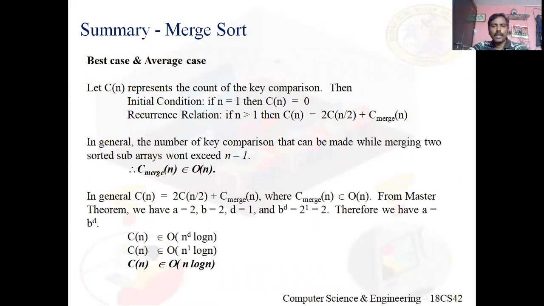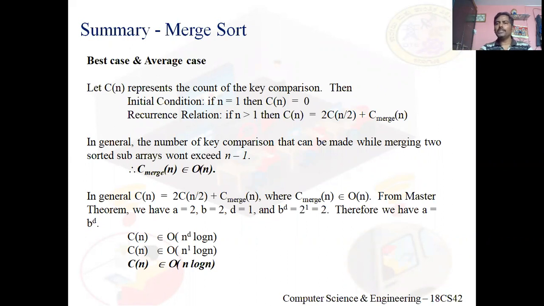Clear? So the recurrence relation is C of n equals 2 C of n by 2. A problem with size n gets divided into two subproblems, each with size n by 2. Then, as the solution for that, what I should do is merge the solutions of those two subproblems. So how many comparisons in merge? We don't know.